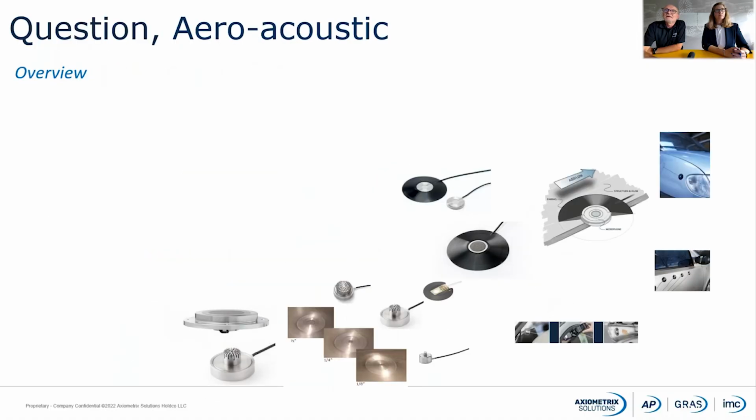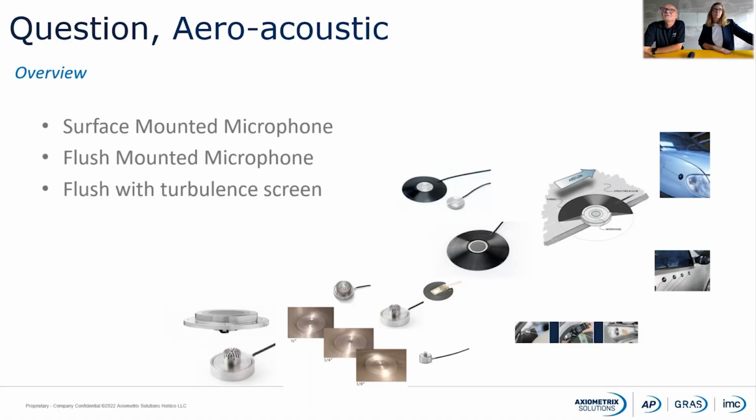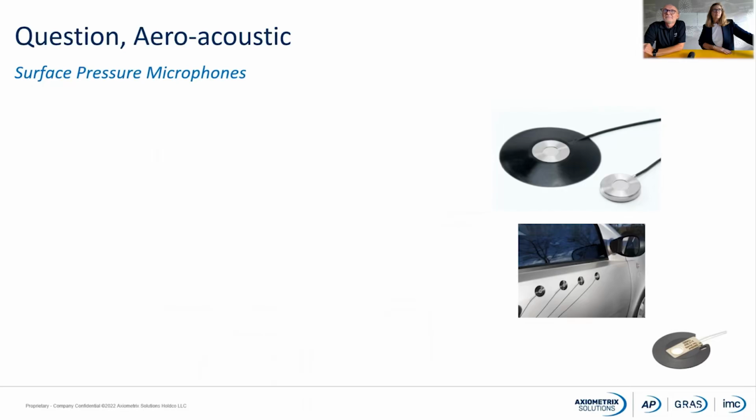For this, we can use different types of microphones: either a flush microphone or a flush surface mounted microphone, a flush mounted microphone with a turbulent screen, so we can remove some of the turbulence we might have in the boundary layer. Let's have a look at the surface mounted microphone.